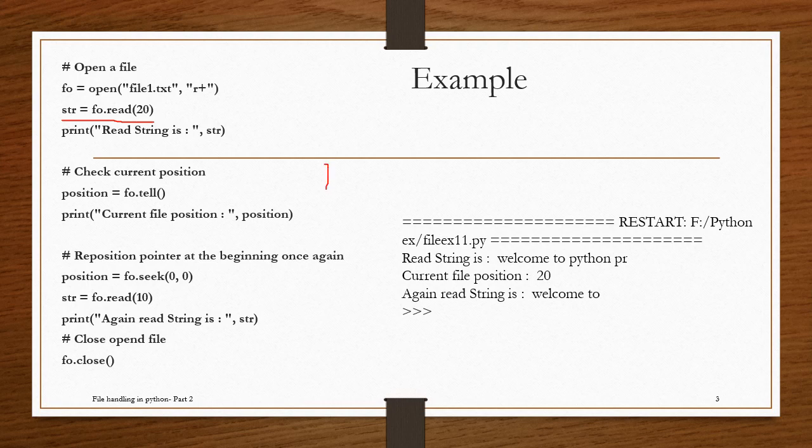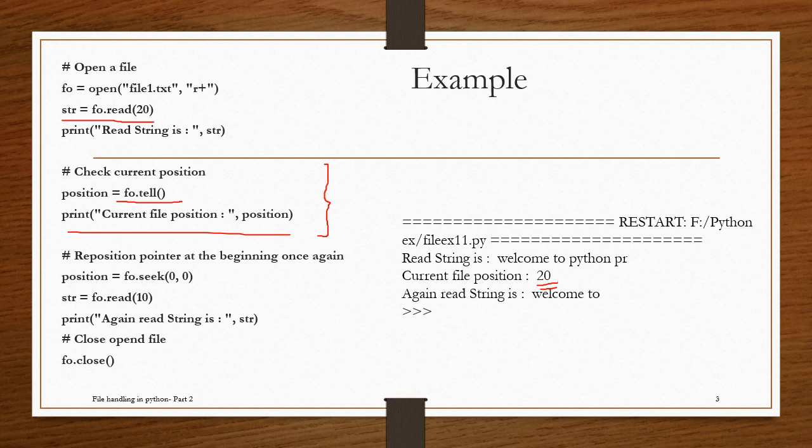The second set of statements is used to retrieve the file position. The tell method will return the current position, and we know the file will be pointing to the 20th character. So the current position will be returned, and in the next print statement it will be displayed.